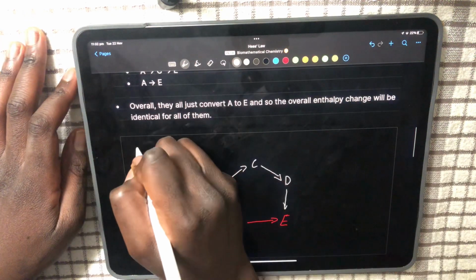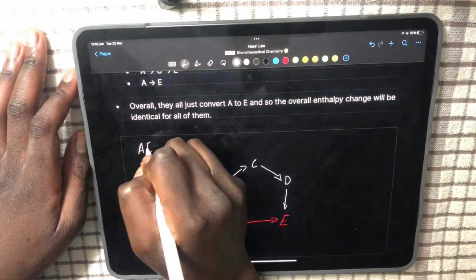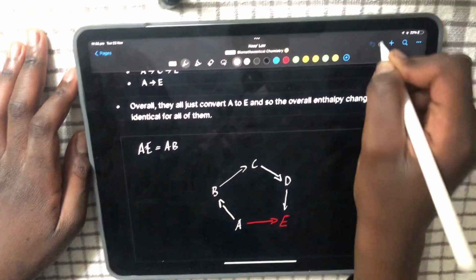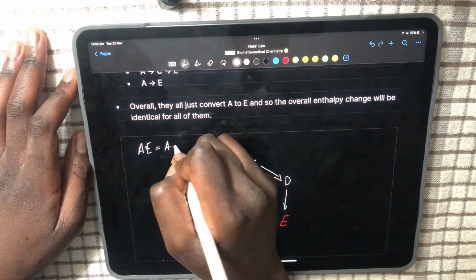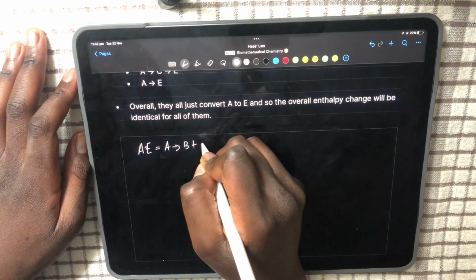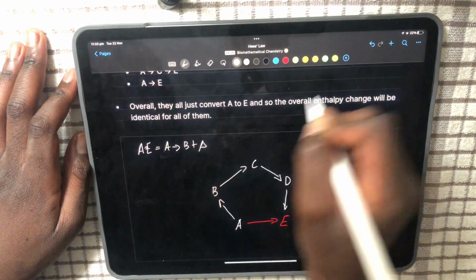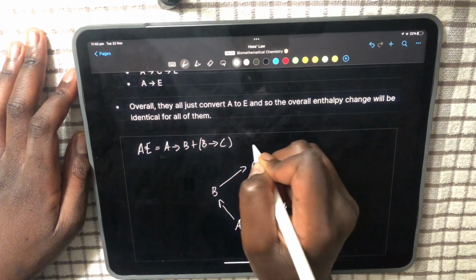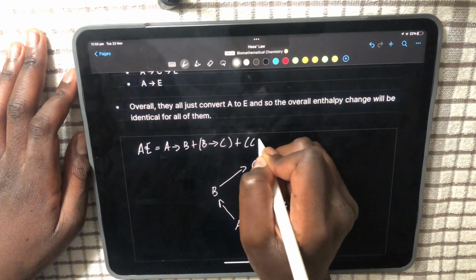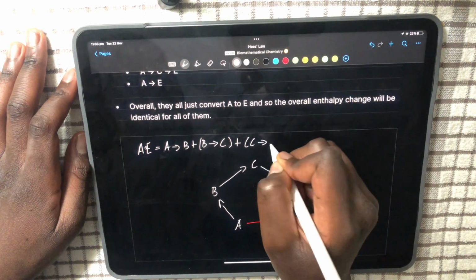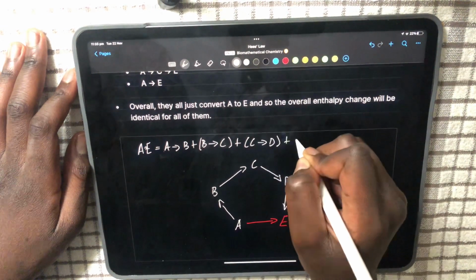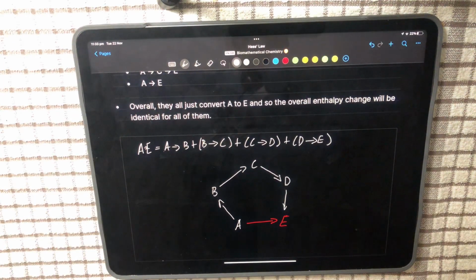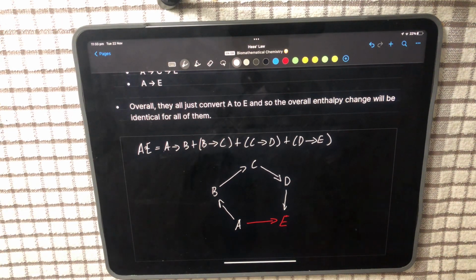Right, so the enthalpy change to go from A to E is equal to going from A to B plus B to C plus C to D plus D to E. Hopefully I've said it enough times and you can just get the idea of what I'm trying to say, so I don't have to keep repeating it.